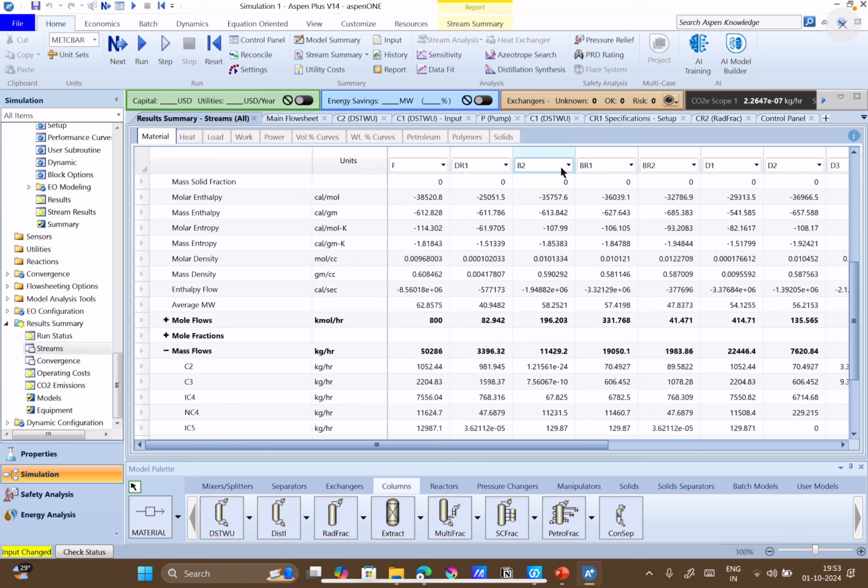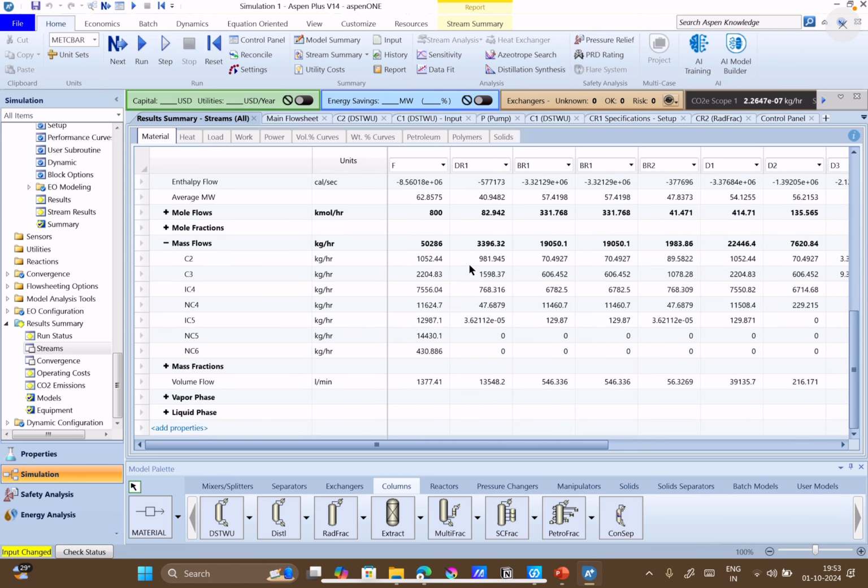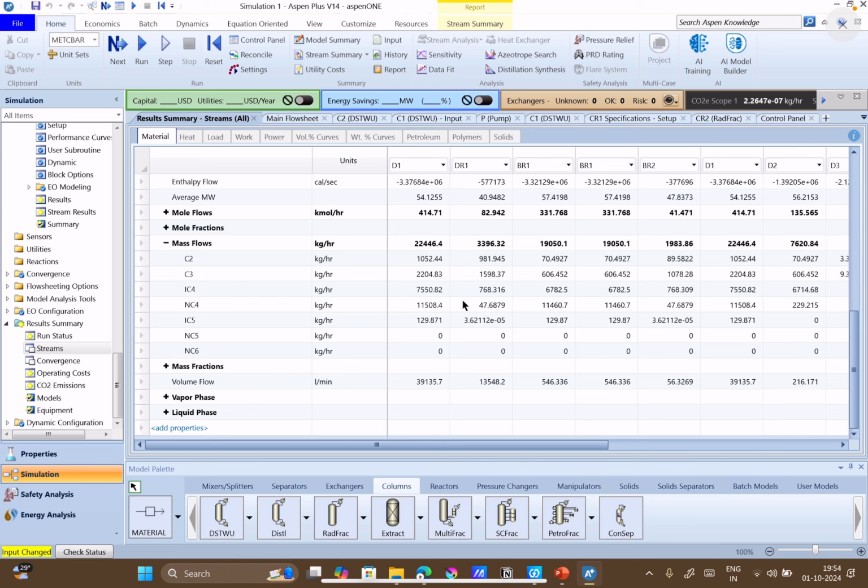What we expect from here is that the C4 components, IC4 and NC4, should come down in the bottom part. From the flow rate you can see that the majority of IC4 and NC4 came to BR1, the bottom product of the first reactive distillation column, while the light key component went into the distillate part.